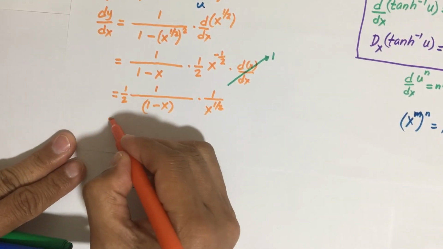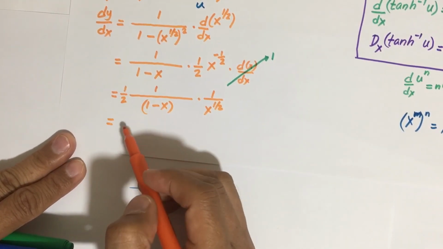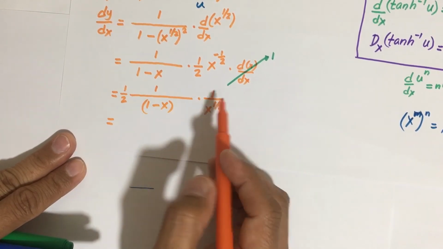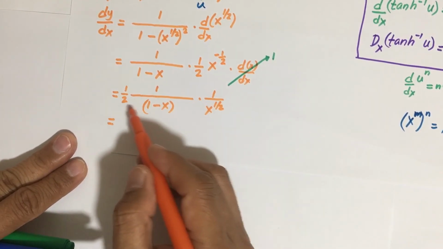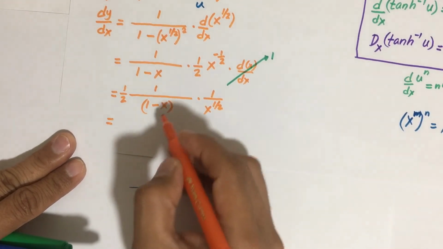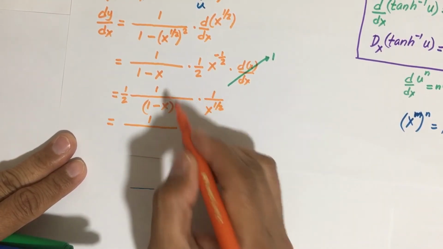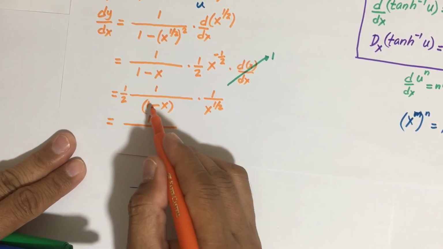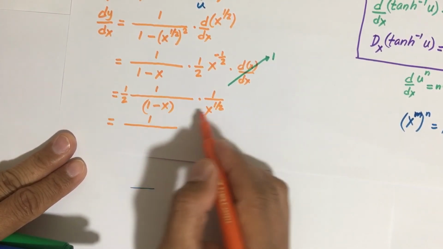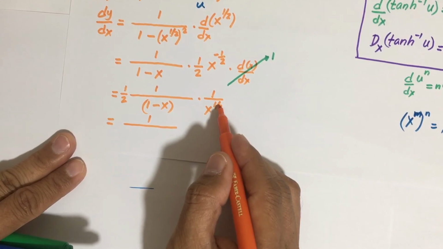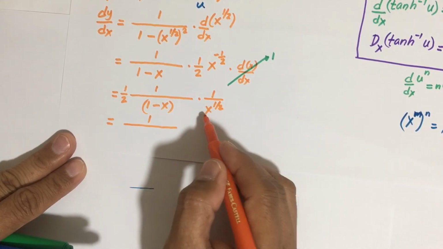The rule in multiplication of fractions is you just multiply the numerators and multiply the denominators. Therefore we have 1 times 1 times 1 is 1, then 2 times the quantity 1 minus x, times x to the power 1/2, or you can write this as square root of x.